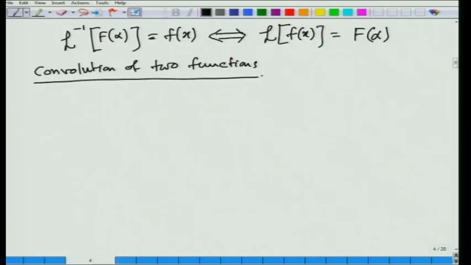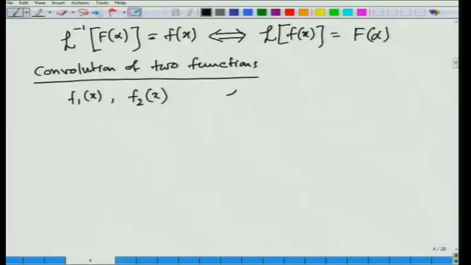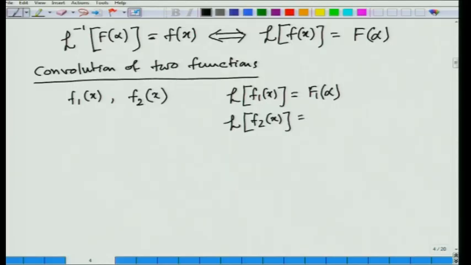Let f1(x) and f2(x) be two real valued functions defined for all x greater than 0, both satisfying the criteria for exponential order, and their Laplace transforms are denoted by L of f1(x) equal to F1(alpha), and L of f2(x) equal to F2(alpha).